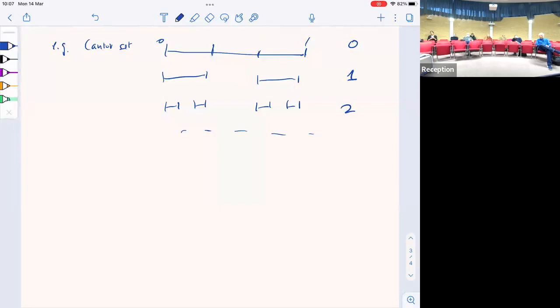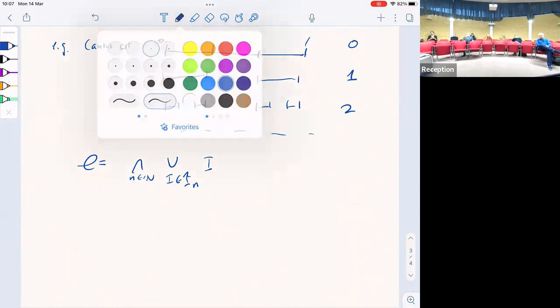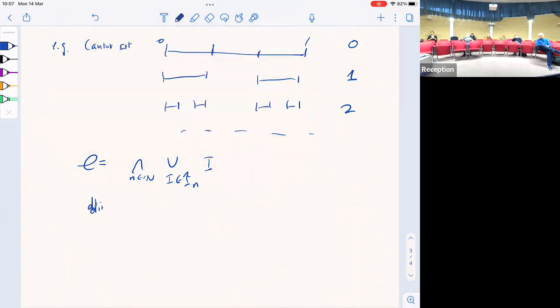Keep this going, and eventually we define the set, which is the intersection over n of the union of all these small intervals of level n. It's a Lebesgue-null type of set, and this turns out to be a fractal. The Hausdorff dimension of this set is log 2 over log 3.